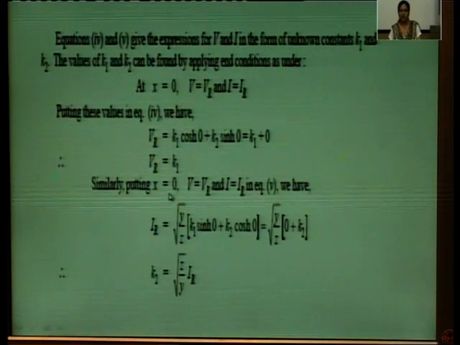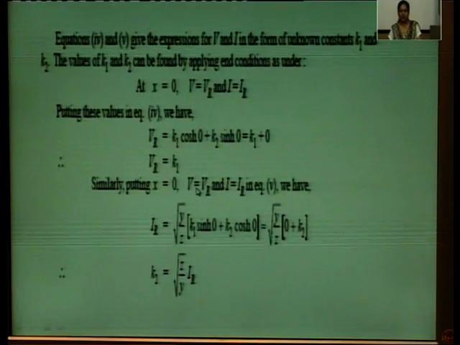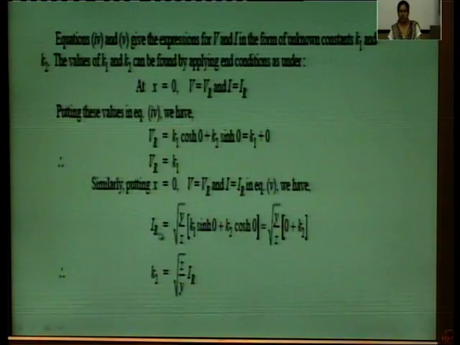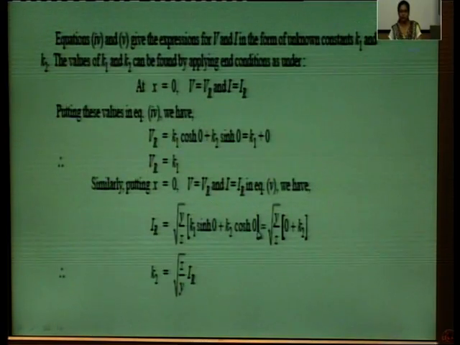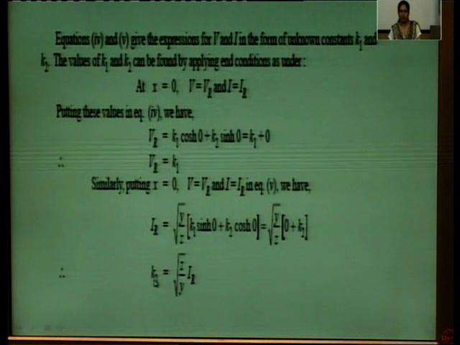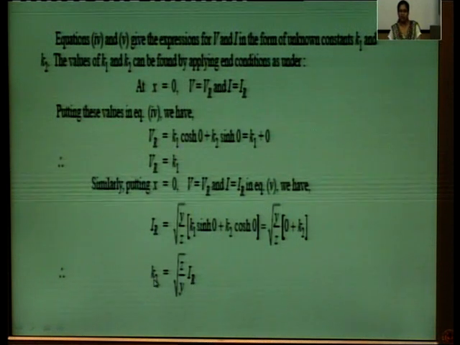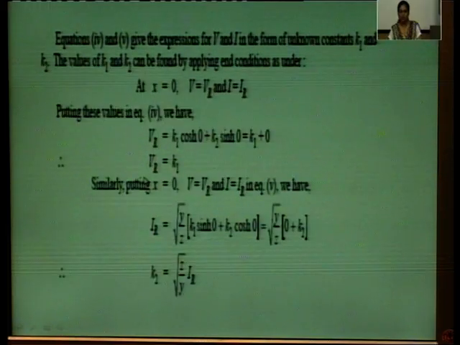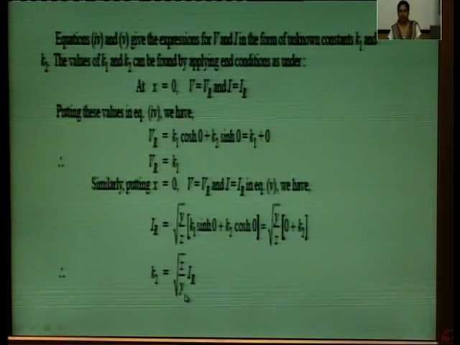Similarly, by putting x equal to 0, we get V equal to VR and I equal to IR in equation number 5 of I. So, I is equal to IR is equal to root of y by z, k1 times sinh of 0 plus k2 times cosh of 0. This becomes root of y by z into 0 plus k2. So, we will get that the value of constant k2 is equal to root of z by y into IR. So, k1 is VR, k2 is root of z by y times IR.